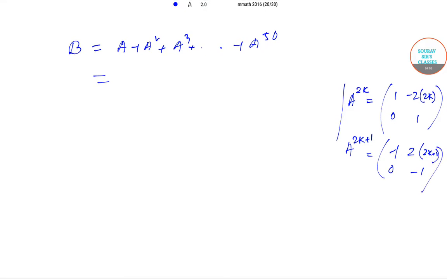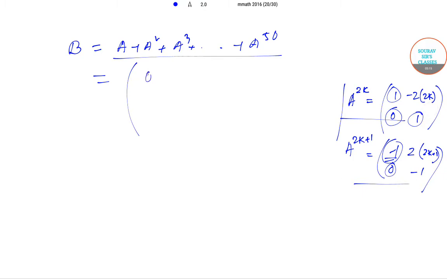If we add these values using this form, then ultimately the term in the topmost left cancels out with the topmost left of the next matrix. Similarly, all the zeros add up to give 0, and 1 and -1 add up, and ultimately every such value comes out to be 0.